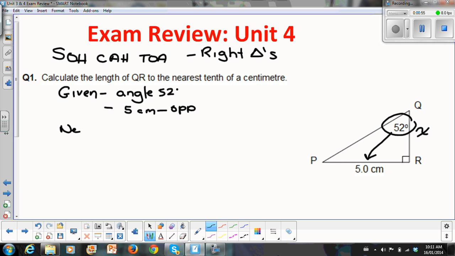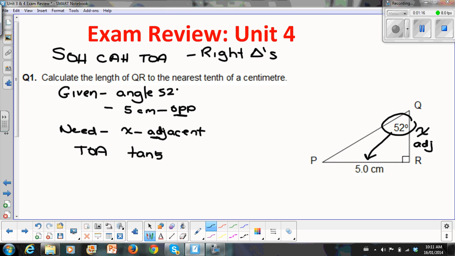And we are looking for x, which is adjacent, beside 52 degrees. So we are going to be using tan, TOA, because we have opposite and adjacent that are in play.